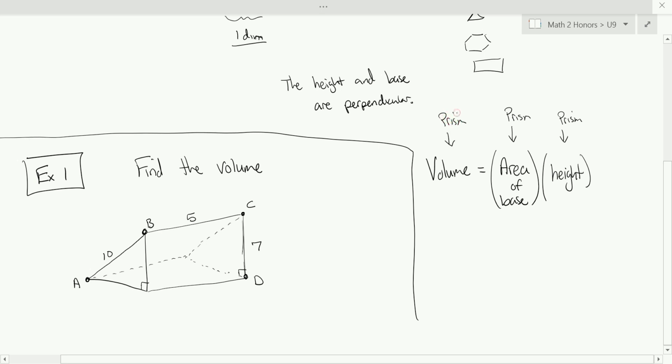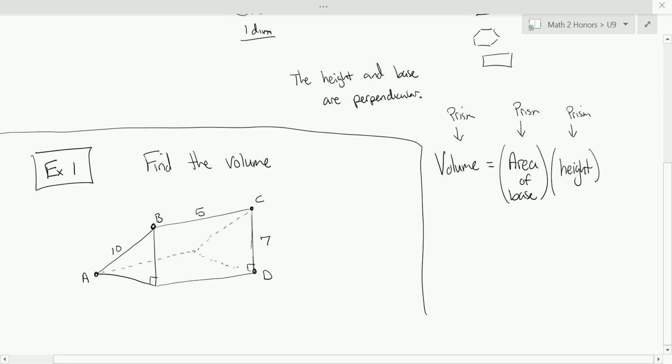So try to apply that to this picture here. Find the area of the base. So you got to identify what's the base times the actual height of the prism. And then that will give you the volume of the prism.